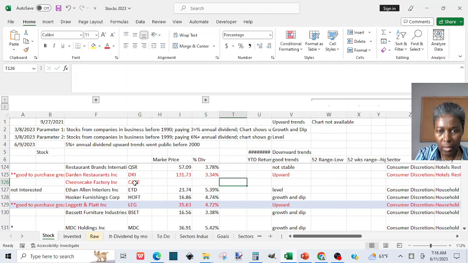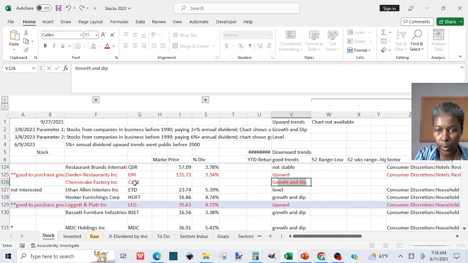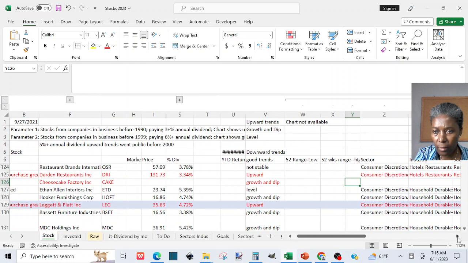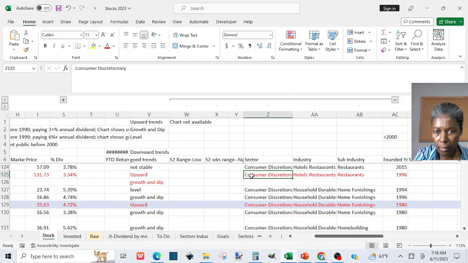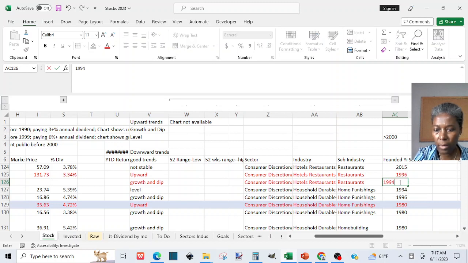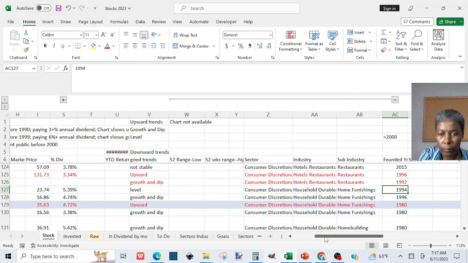So we don't have everything here, and we are not going back for that, but this is growth and dip, and it has all the sectors, and it's 1994 or 1992. Okay, so at this point you will complete your spreadsheet with the trend and the year.